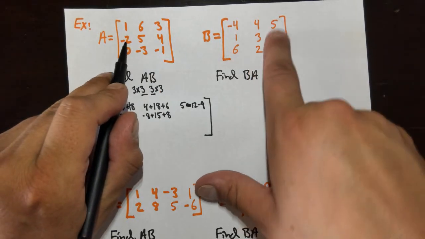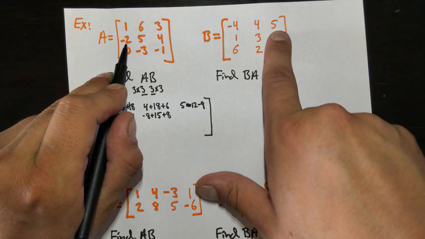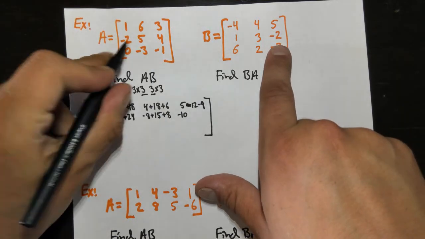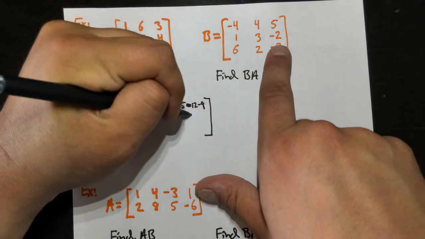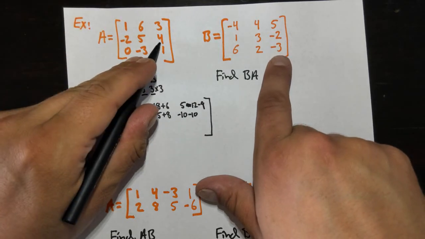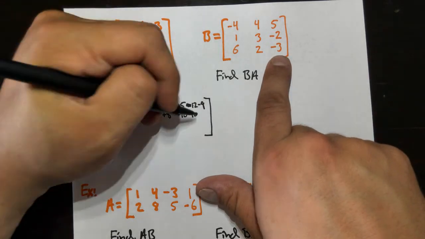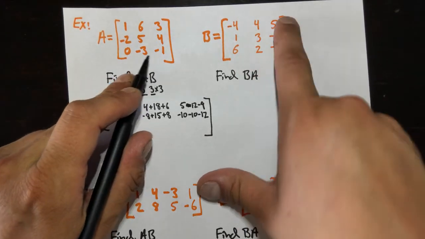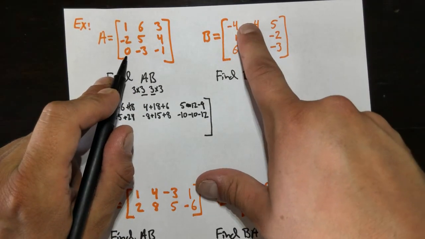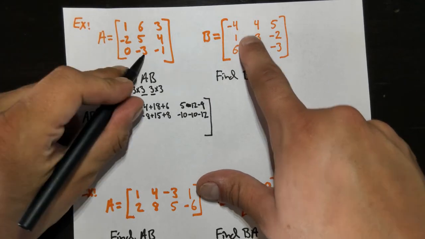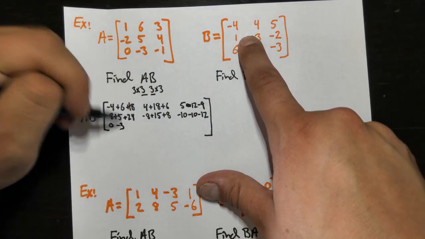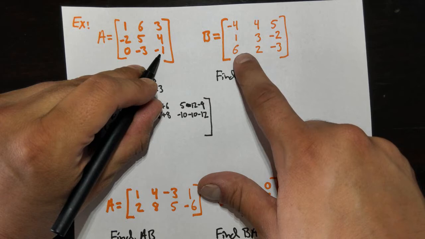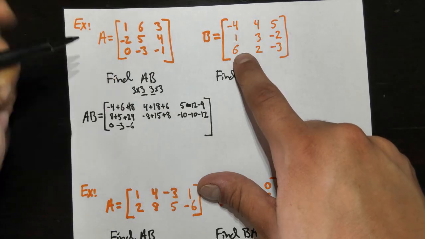And then finally with the last column, negative 2 times 5 is negative 10, 5 times negative 2 again is negative 10, and 4 times negative 3 is negative 12. Alright, and then finally the last row with these three columns. So 0 times negative 4 is 0, negative 3 times 1 is negative 3, and negative 1 times 6 is negative 6.